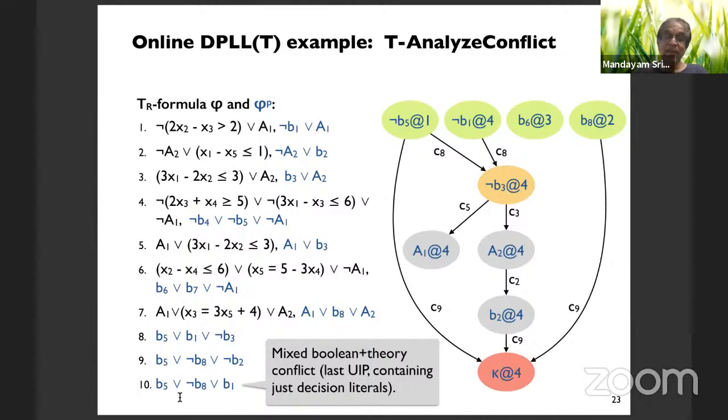Because if you made B5 and B1 independently, it'll say not B3, so you don't need to call the theory solver to check that again, or even to derive that particular clause.